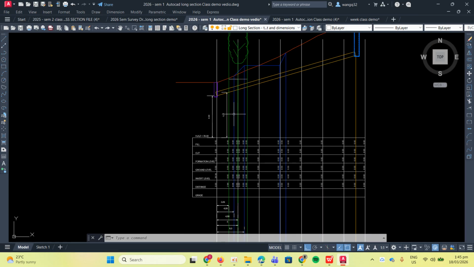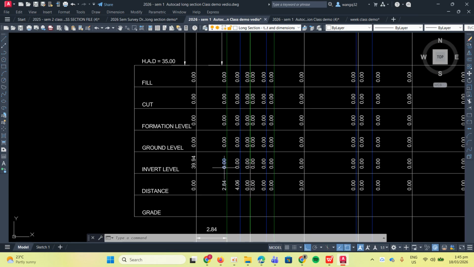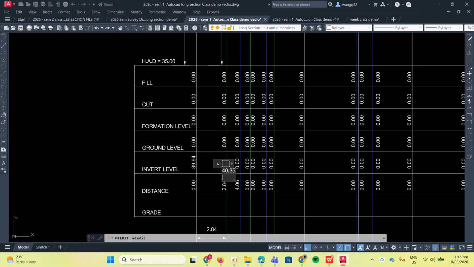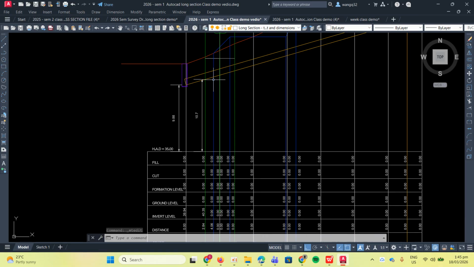So the inward level here will be 40.35. Yeah, all you need to do is just find the inward level of each one, and put it into the inward level row here.